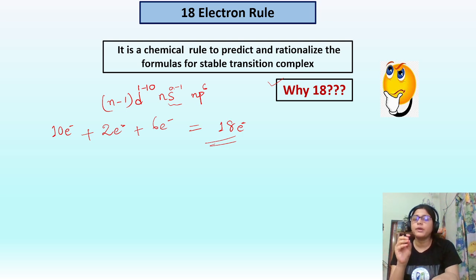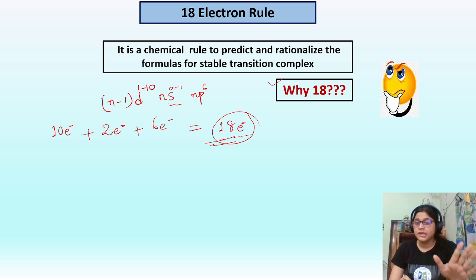The fully filled orbital actually has greater stability than the others. So for the fully filled orbital, we have to have 18 electrons in its outermost shell. That's why for any complex, we are looking to see whether it is following the 18 electron rule or not. If it is following, it is stable. If it is not, it is less stable.